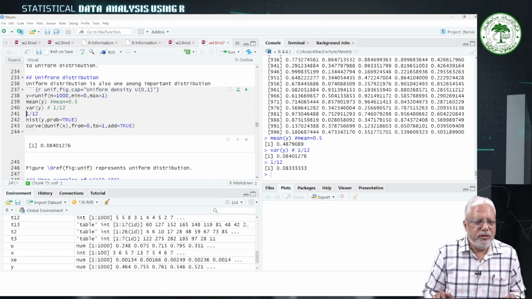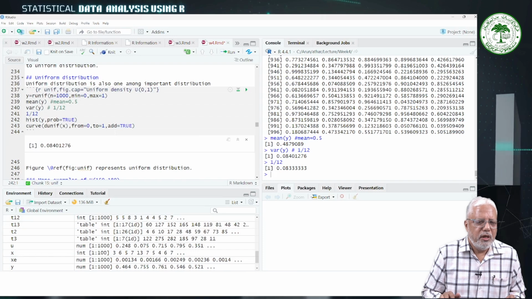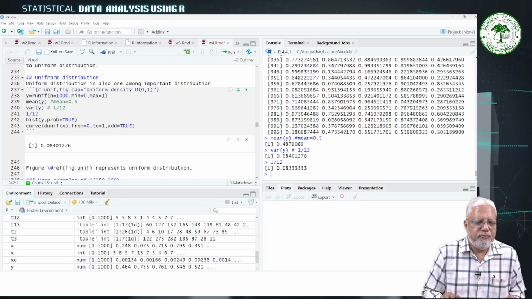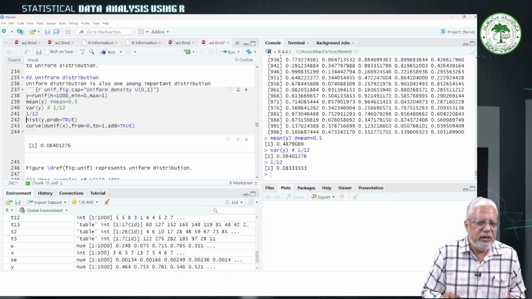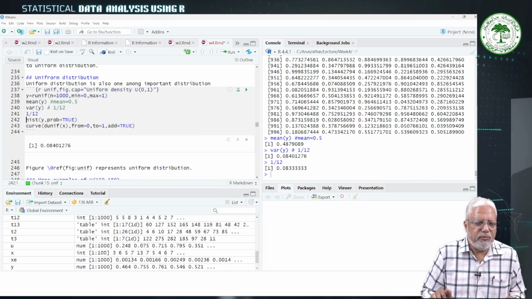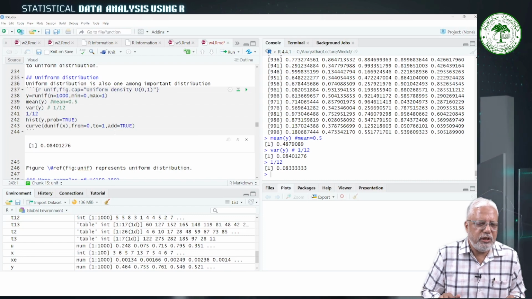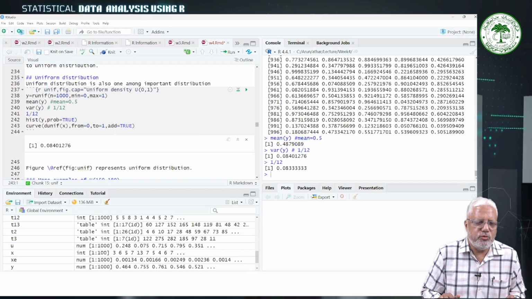Now if we want a histogram on the basis of simulated data, so here hist(y, prob = TRUE), and then we are adding a curve dunif(x), from is equal to 0, to is equal to 1, add is equal to true.